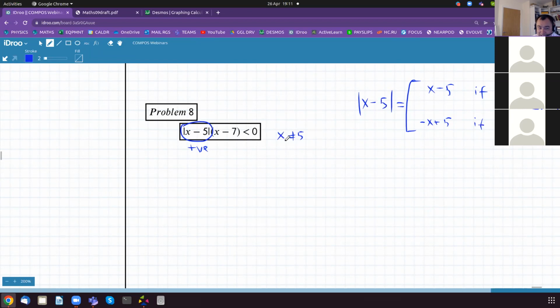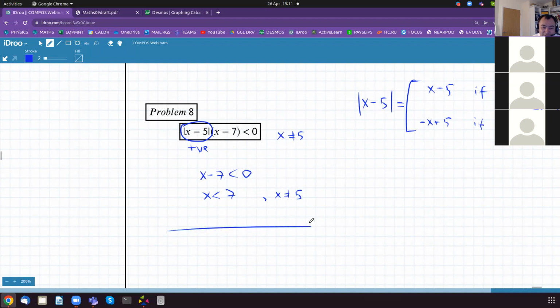So as long as x is not equal to 5, we can simply say that x minus 7 is less than 0. So this inequality seems difficult, but actually it's not. It's just a positive number times x minus 7. And so x is going to be less than 7 as long as x is not equal to 5.